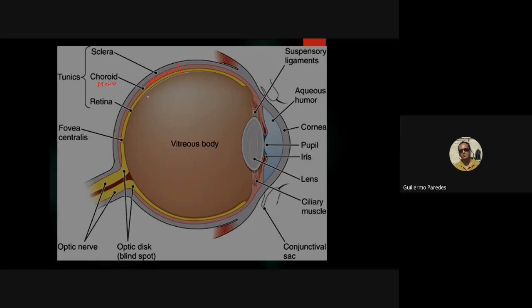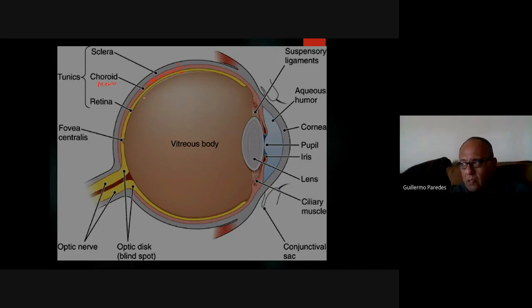When you take a picture, sometimes it appears like a red eye in the picture, right? That is because the light was getting into your eye, and basically the camera was taking a picture of your choroid membrane. So that's why some pictures appear like a red eye. Okay, then we have the other layer.